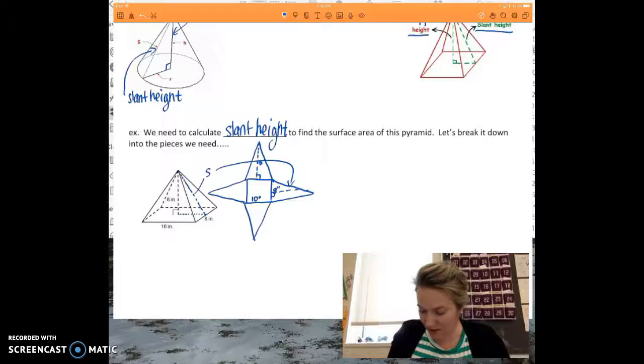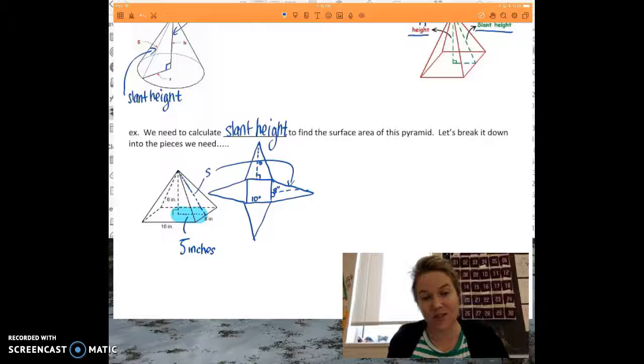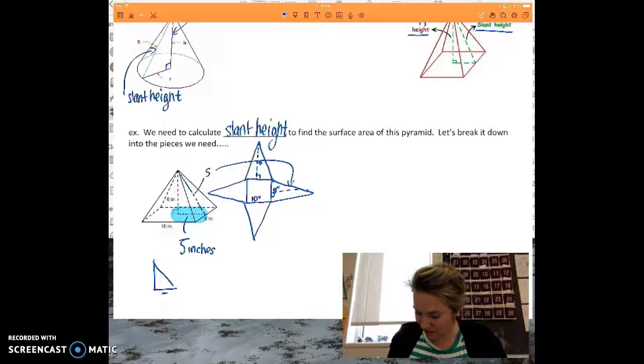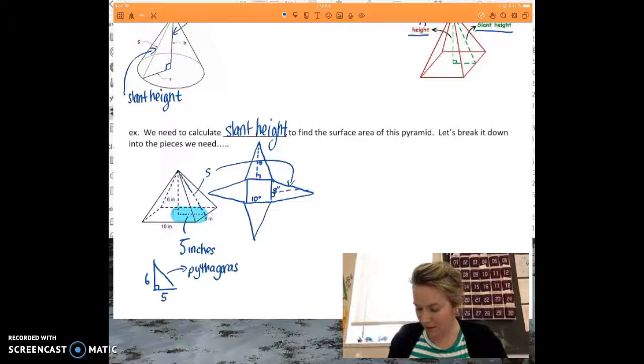So this here is going to be 5 inches. Why? Because if I continued it across, it would be 10 inches, which is the length of the base. So what I have is a triangle that's 5 inches, 6 inches, and it's a right angle triangle. So I'm going to use Pythagoras to find it. Remember, Pythagoras says that a squared plus b squared equals c squared.